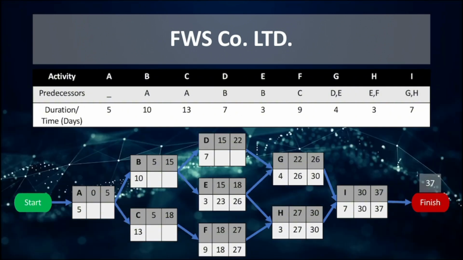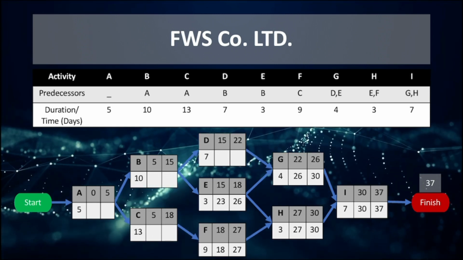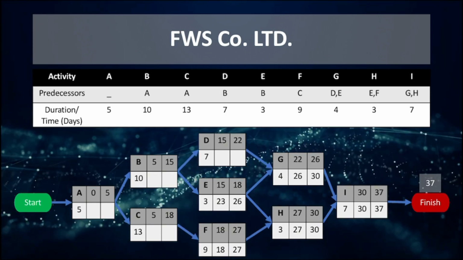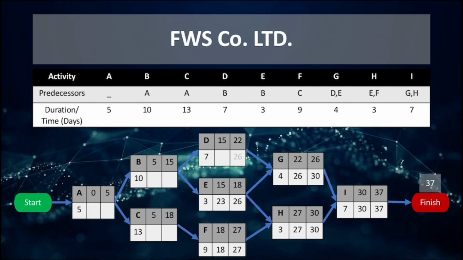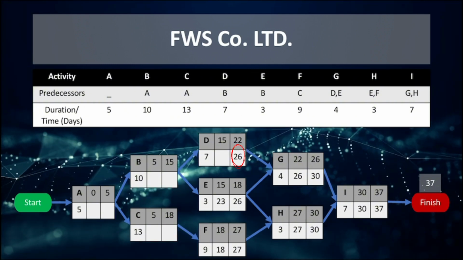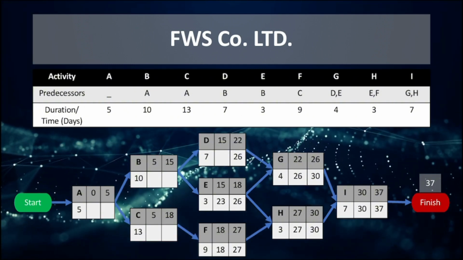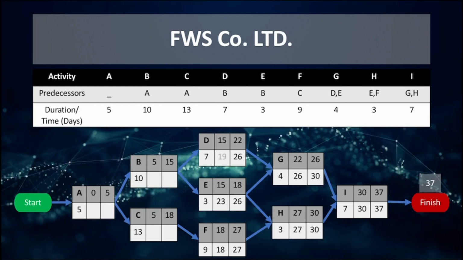D has only one successor, G. The latest finish time for D is the latest start time of G, which is 26, and the latest start time will be 26 subtracted by the activity time of 7, which is equal to 19.